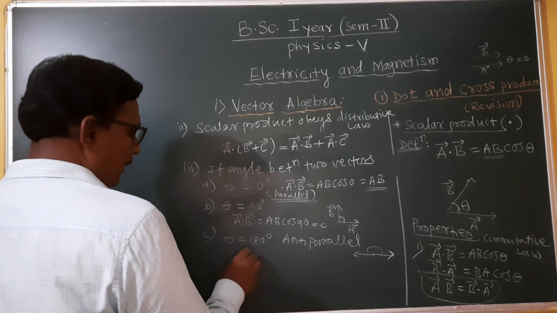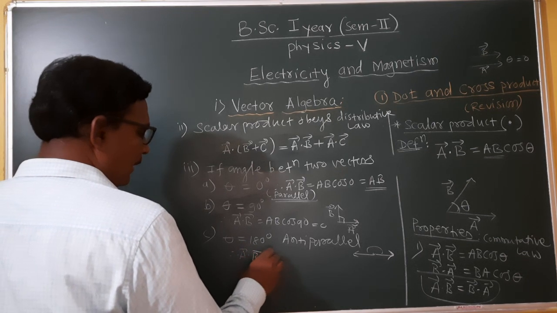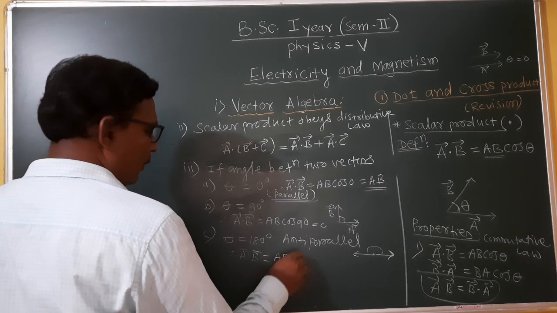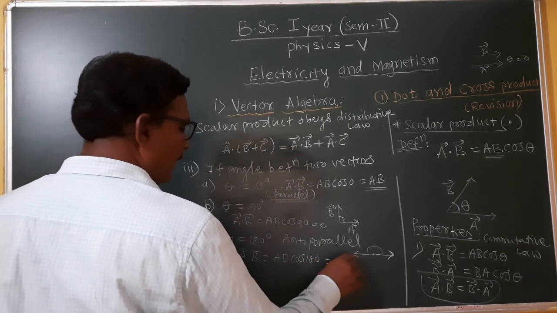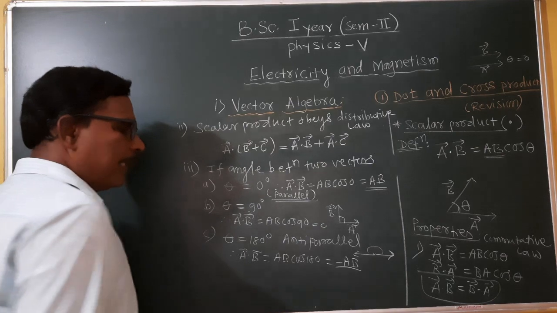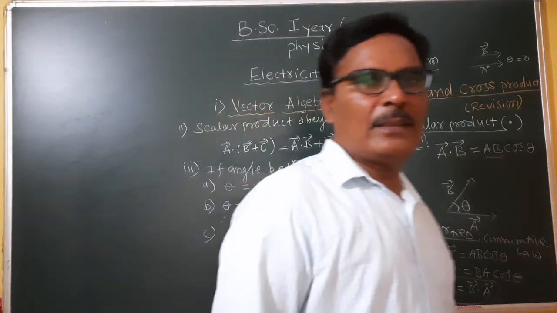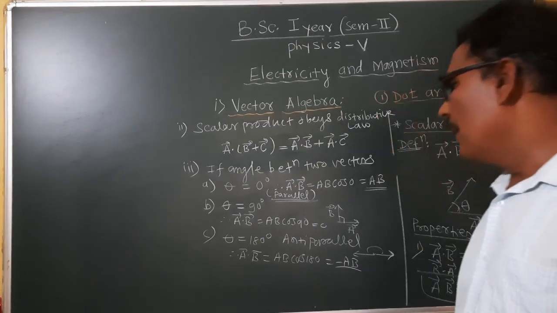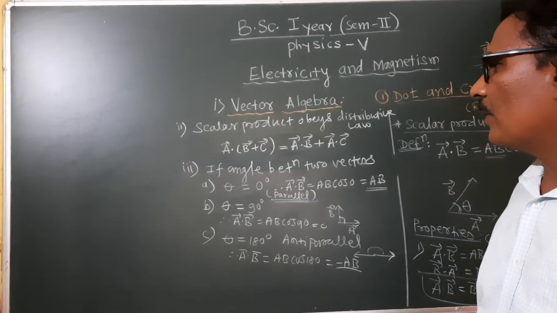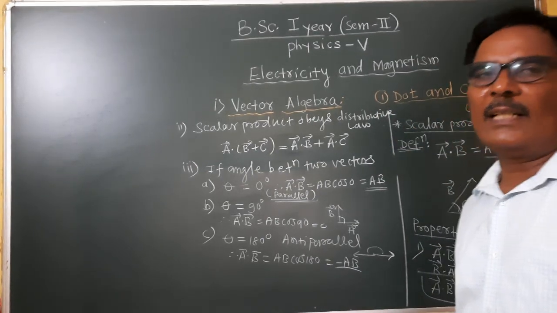So A bar dot B bar is equal to AB into cos 180. Cos pi is minus 1, so that is equal to the negative product of the magnitudes of the two vectors. These are some characteristics of a scalar product.